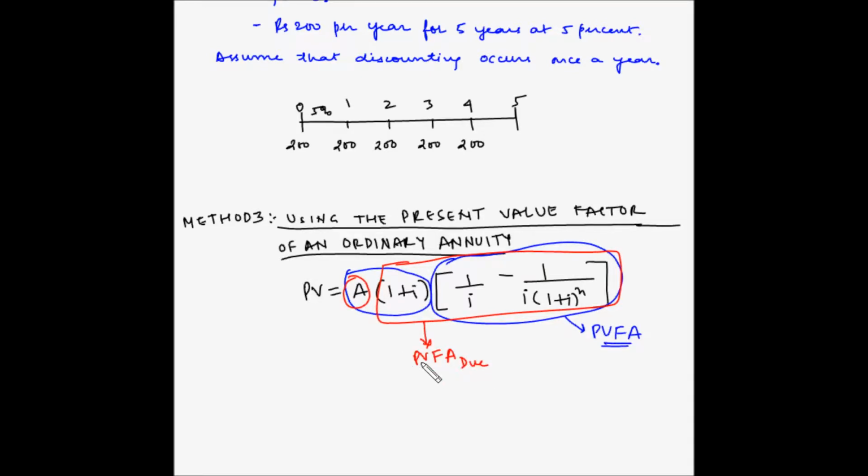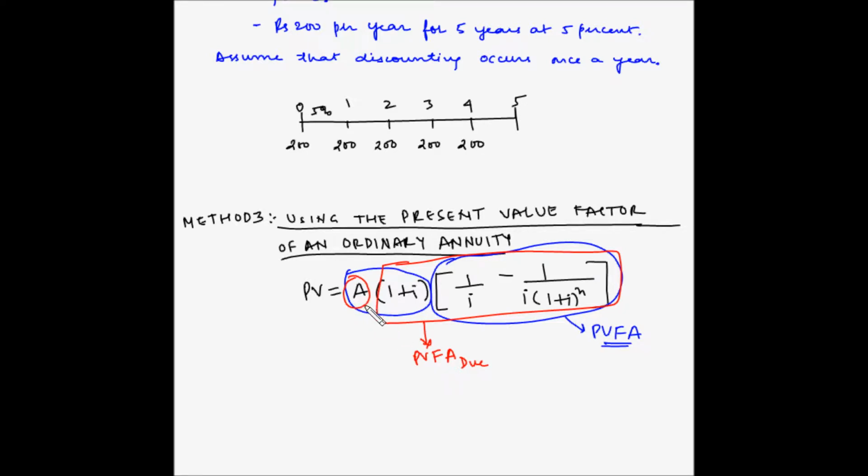So what is present value factor of an annuity or an annuity due? So basically what has been done is these portions have been standardized in the form of a table with different combinations of values of I and n. So basically that table can tell us the value of these brackets or these portions, assuming that the annuity amount is 1.